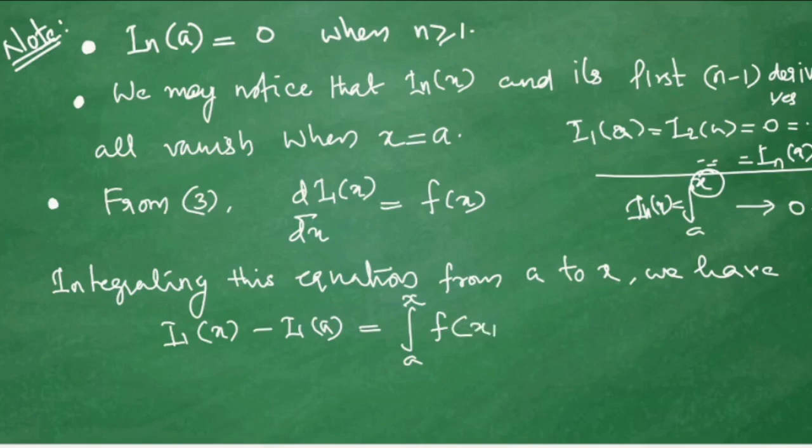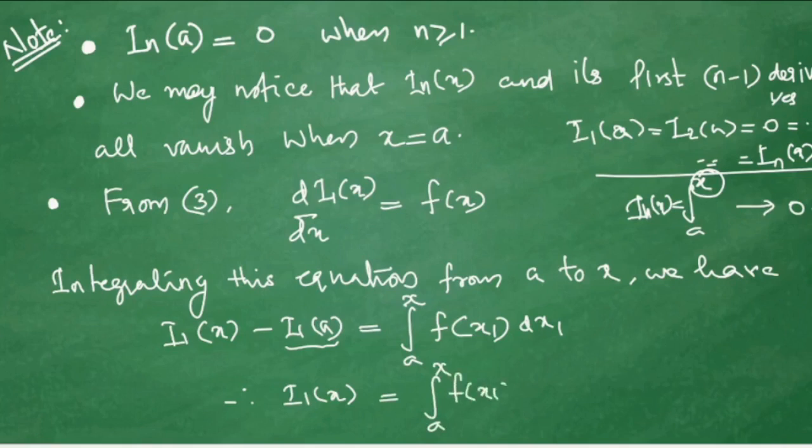So we replace x by x1, and this will be f of x1 dx1. And one more thing we know is I1 of a is equal to 0. Therefore, we have I1 of x is equal to integral a to x of f of x1 dx1. This is I1 of x.